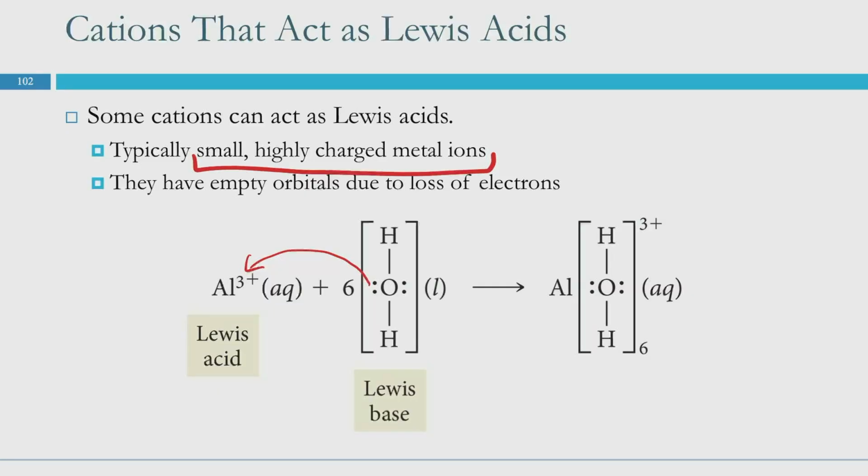Just because of space constraints, we can only fit probably 6 of them around the aluminum. The partial negative charge of the oxygen sitting next to the positively charged aluminum helps to stabilize some of the charge and keep it in solution.